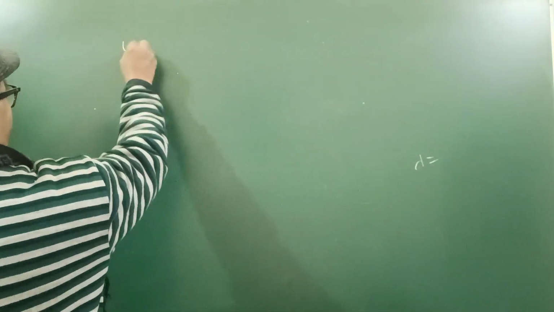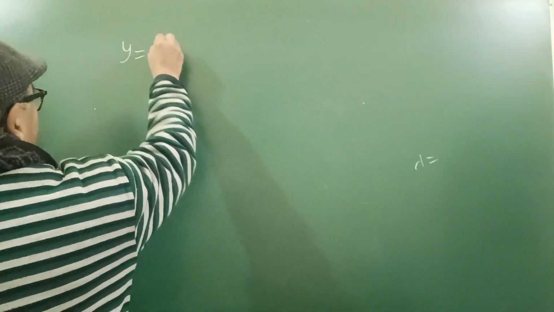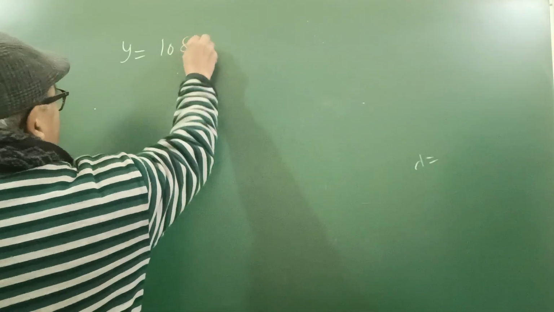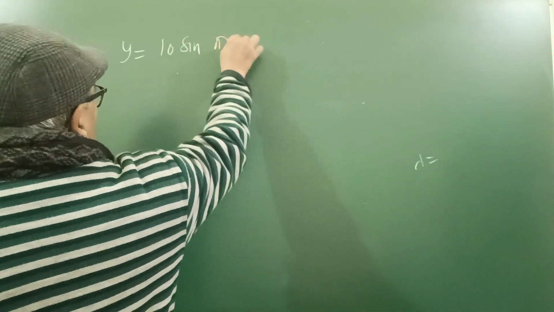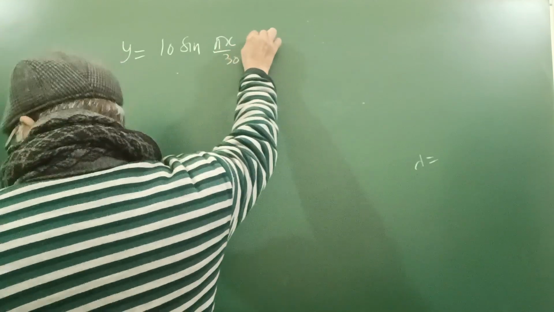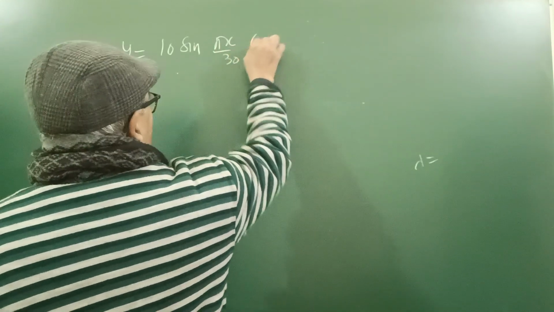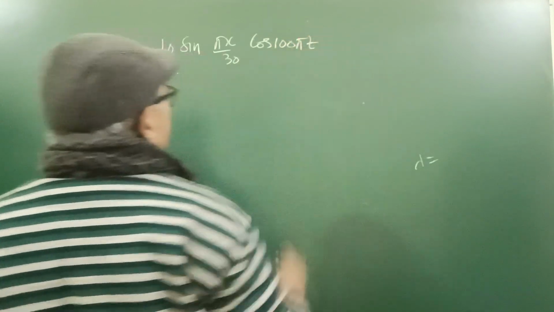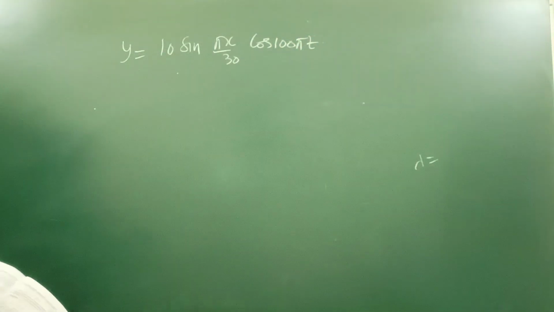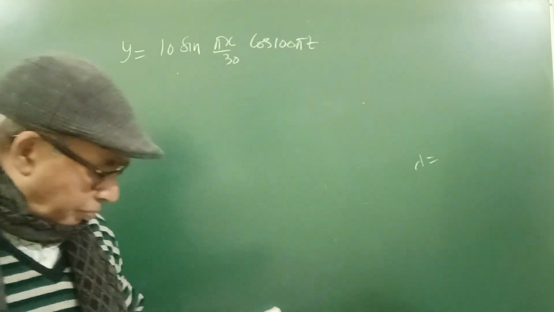Ultimately the equation of the standing wave is y equal to A sin pi x upon 30 and cos 100 pi t. This is the equation of a standing wave in a stretched string.